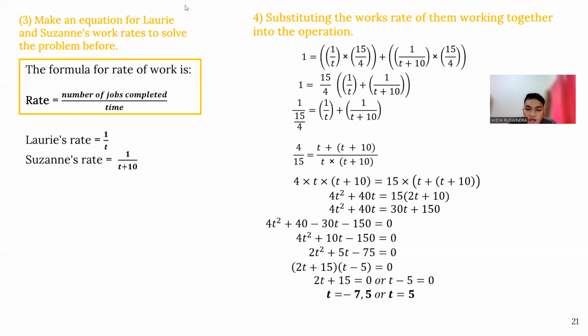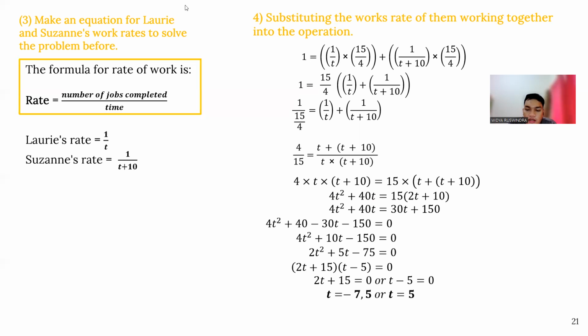Next step, we get 4 times t times (t plus 10) equals 15 times (2t plus 10).